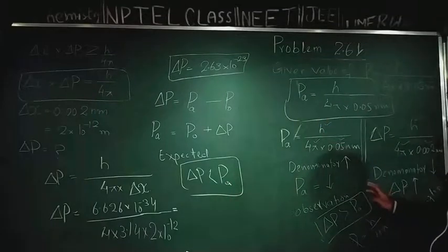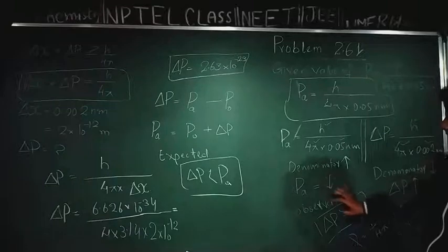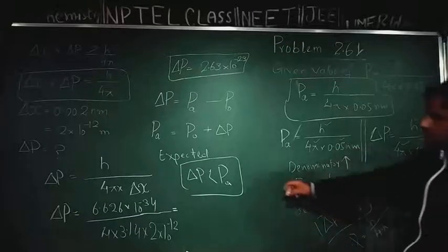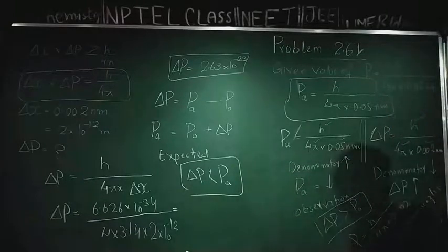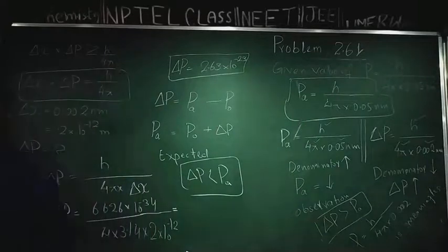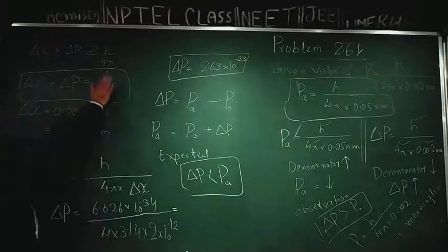But here, after comparison, I find that uncertainty in momentum is greater than the given value of momentum, which contradicts the expected statement. On this basis, I said that the given value of momentum of the electron in the question is not meaningful, it is meaningless. And additional information is that h by 4 pi is constant.